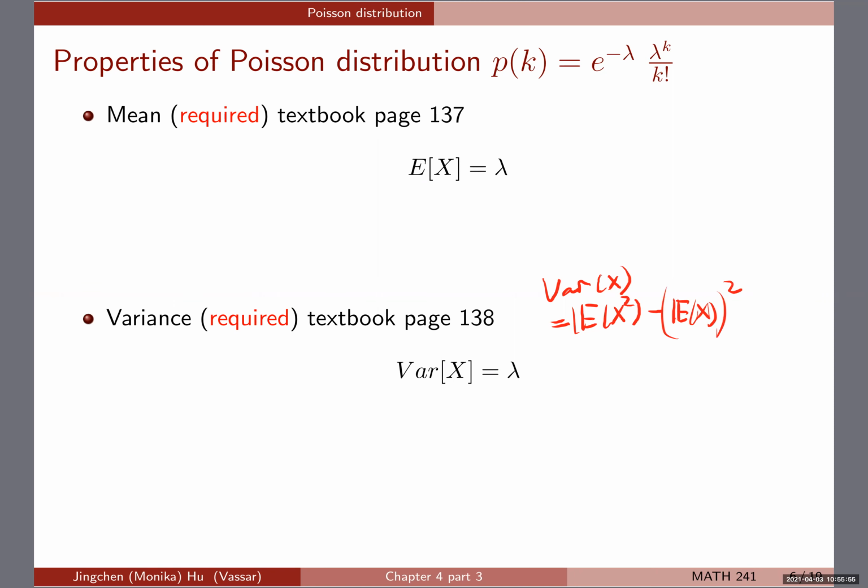So if I want to show the variance of Poisson, clearly I need to figure out what the expectation of X squared is. The technique is very similar to what we showed earlier, but I will just direct you to page 138 for a detailed step-by-step derivation. I think overall it's pretty clear over there in the textbook. And notice that this is also required, so you need to know how to make it work.